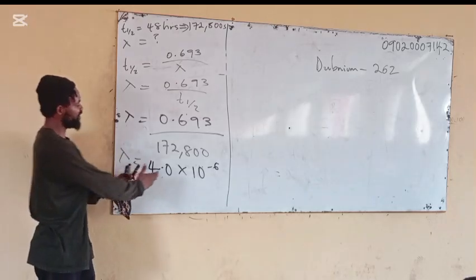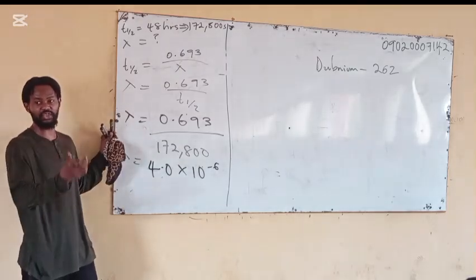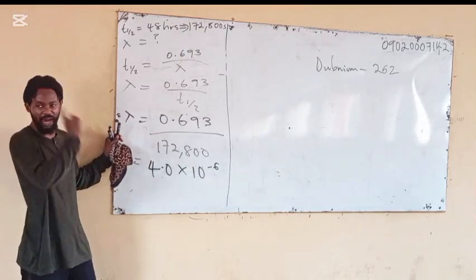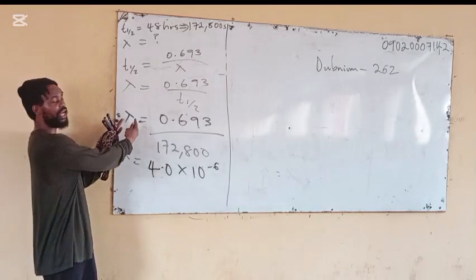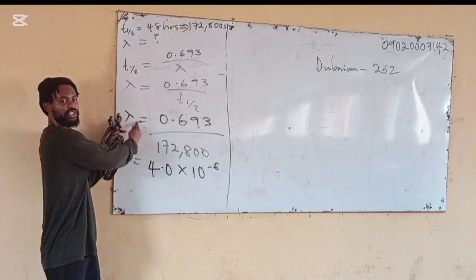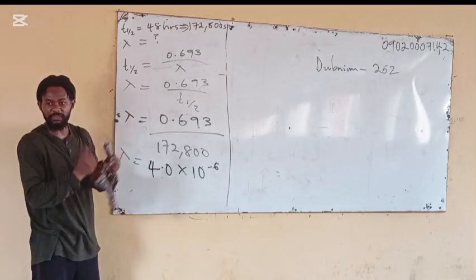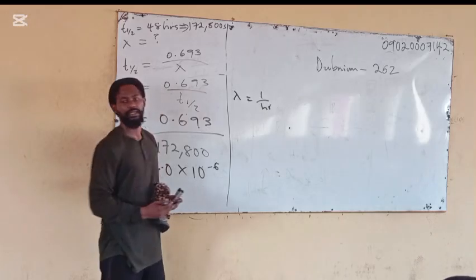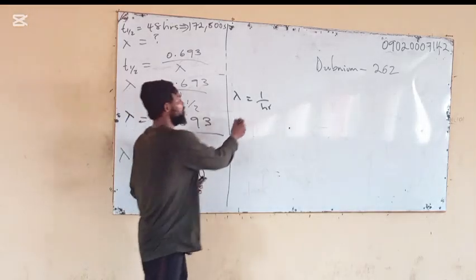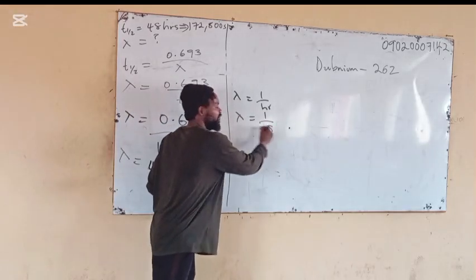Once you do this and you see that it's not safe, I will advise you, if it's in hours, use hours. From my experience, I've noticed that they always pay attention to the unit of this decay constant. If you're given hours, it means your decay constant is per hour. If you're given seconds, it means your decay constant is per second.